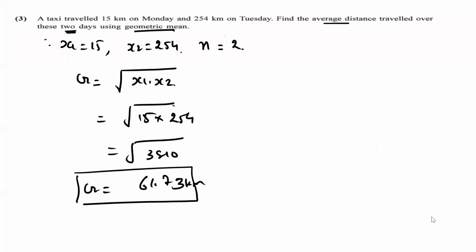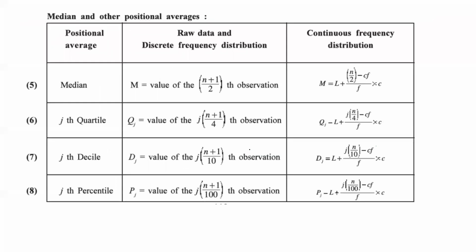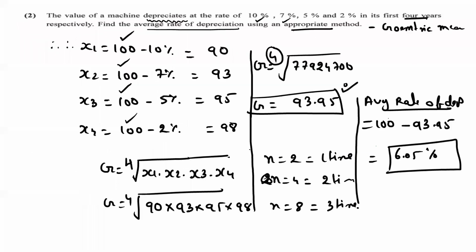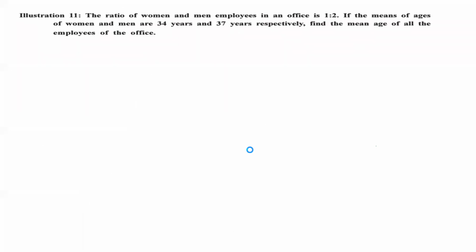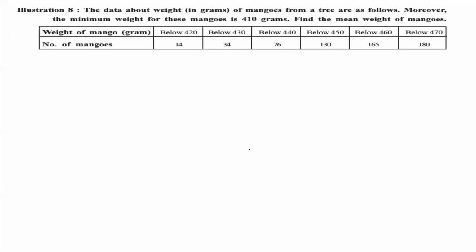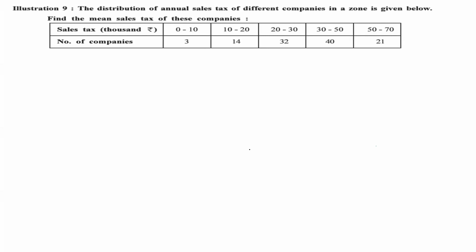Roll number 21. Start reading the next question. Oh, sorry, that is over. Okay. Now take the illustration, friends. We have done up to illustration number, I think 8, no? Yes, sir. Yes, we have done up to here. So we are taking illustration number 9.